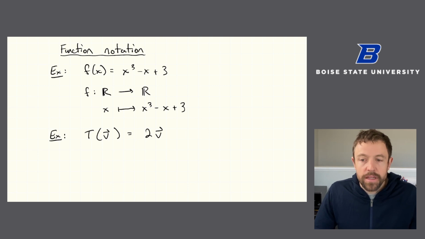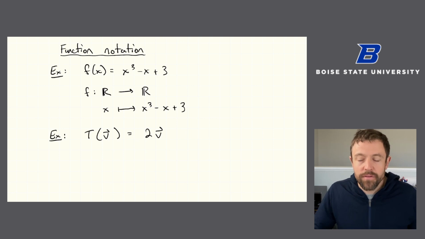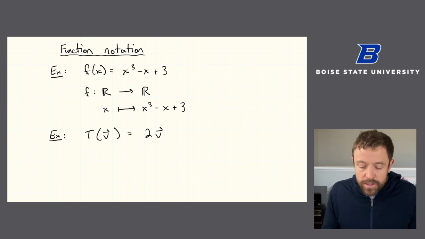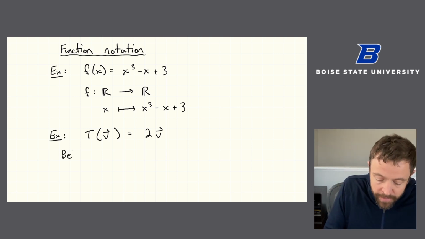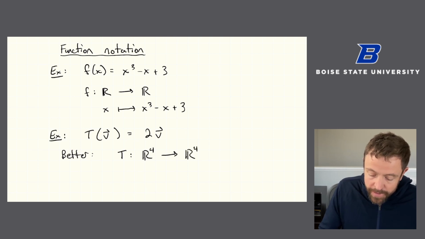But it's not really clear where this vector should come from. So this is ambiguous. I haven't really defined a function in that I haven't told you what inputs are allowed. And so it would be better to write something like, okay, t is actually a function from R4 to R4 that takes a vector v and multiplies it by 2.